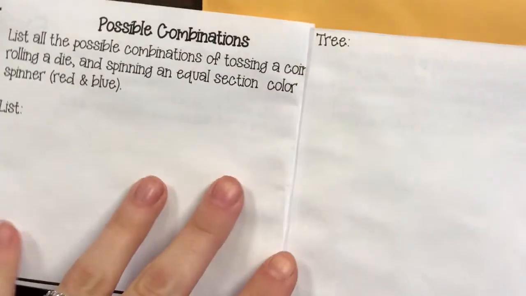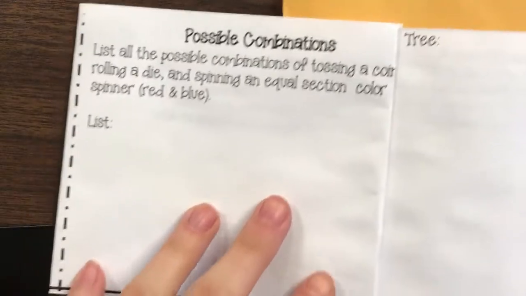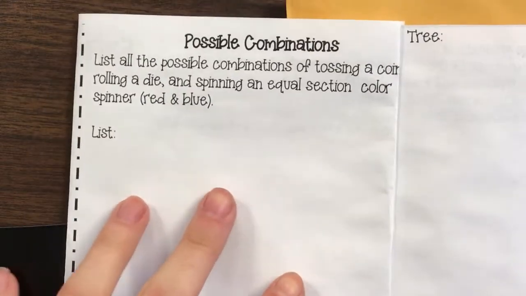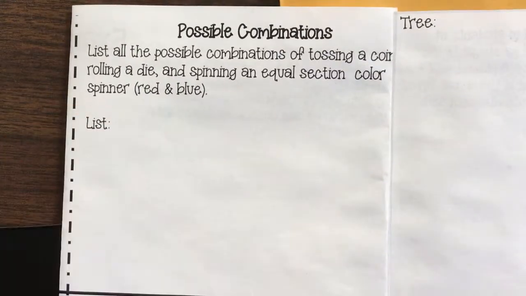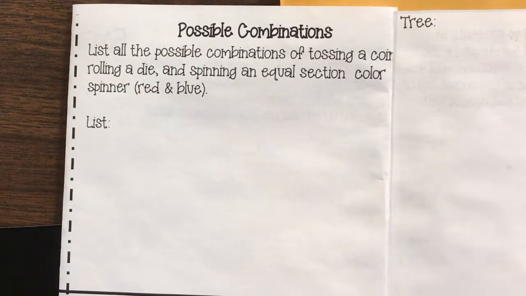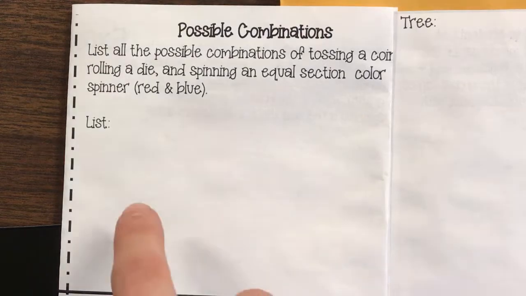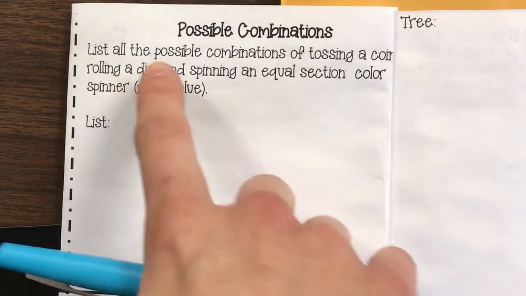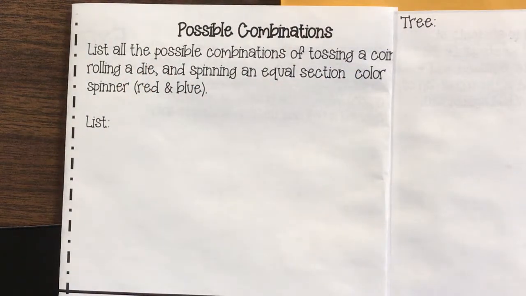Okay, then what I want us to do is flip over that flap where it says possible combinations. We'll make a list and then we'll look at a tree diagram for that. List all possible combinations of tossing a coin, rolling a dice, and spinning an equal-section color spinner, red and blue.